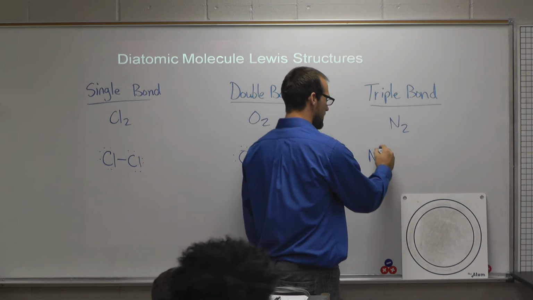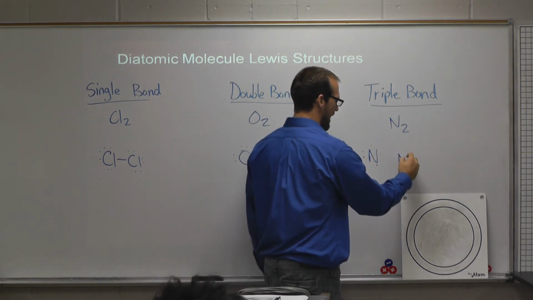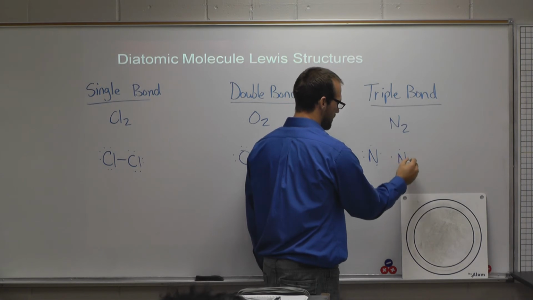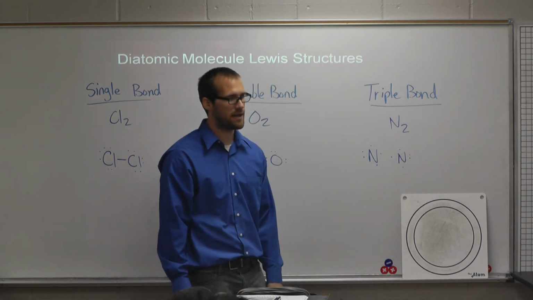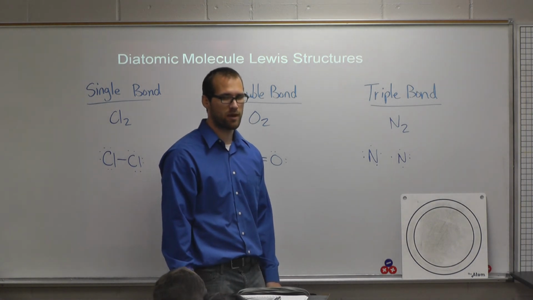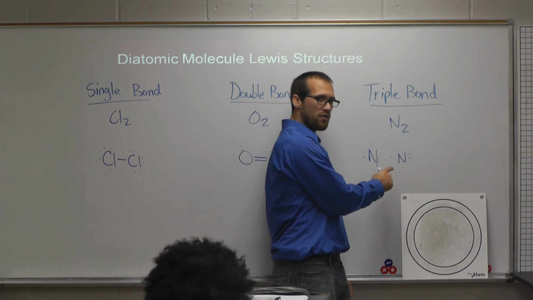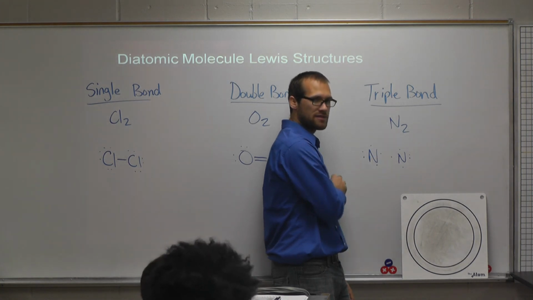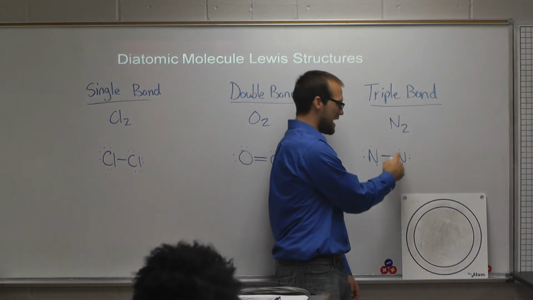Yes. Nitrogen. Notice how I put the lone pair away from everything. 3 bonding sites each, forming a what? Triple bond. Okay? 3 bonding sites, 3 bonds. And remember, I'm not going to put a line above and below.